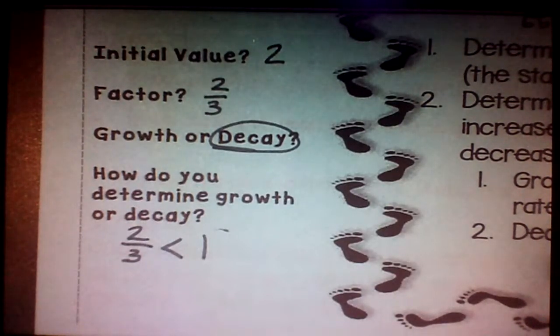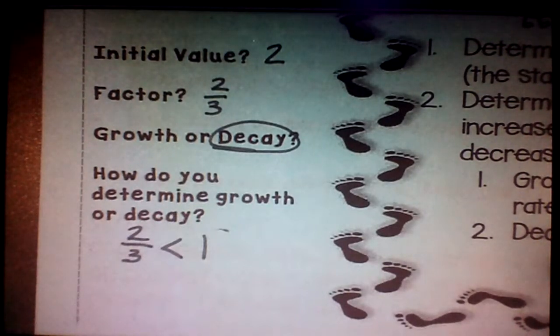So, do you go by your top number? What do you mean? Like, to do the growth or decay? Yeah. So if you struggle with fractions with growth and decay, I would change 2/3 to a decimal. I would literally in your calculator, 2 divided by 3, and you get 0.6 repeating. 0.6 is less than 1.